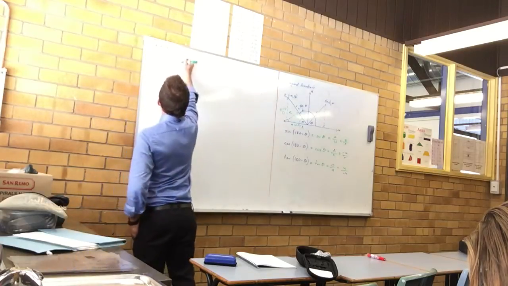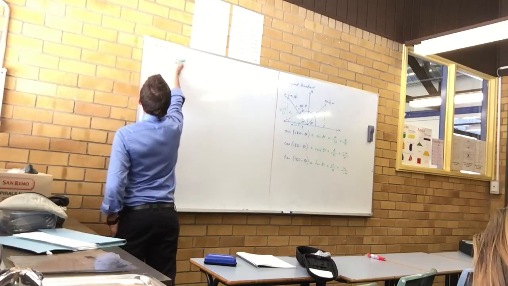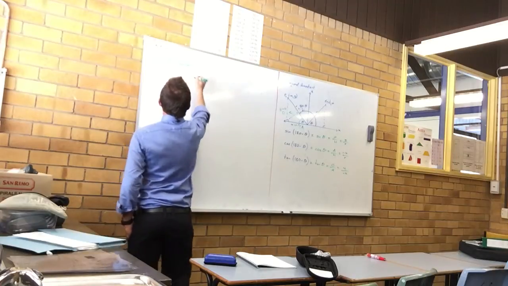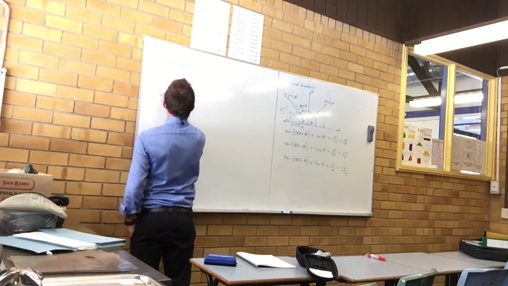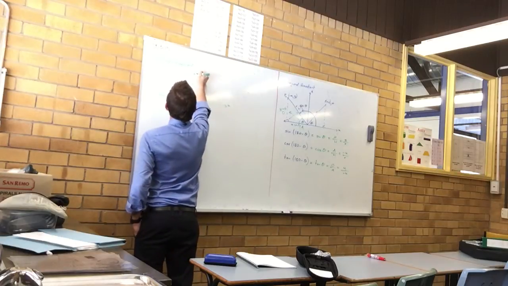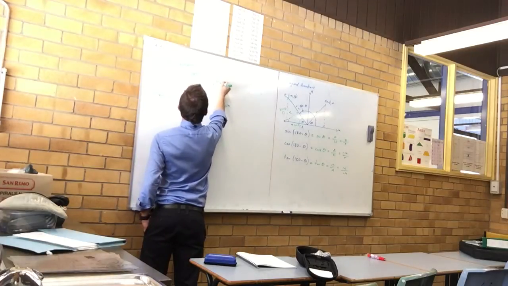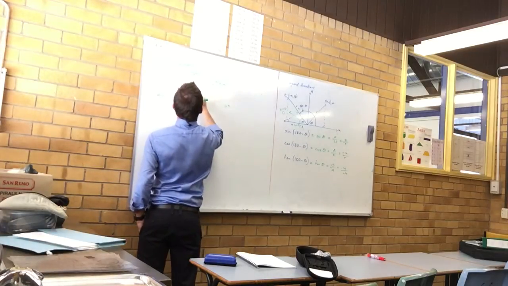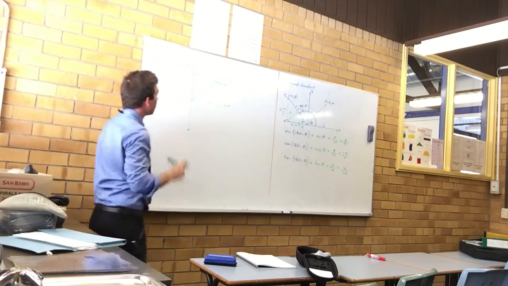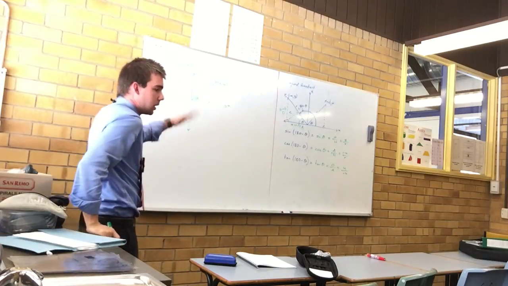Right, let's try the third quadrant. We picked a point P, x comma y, so it's theta away from the x-axis.